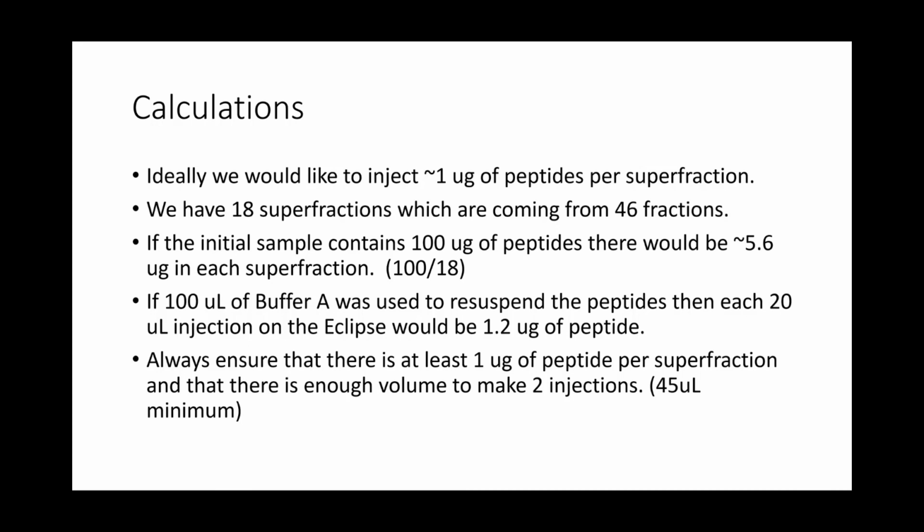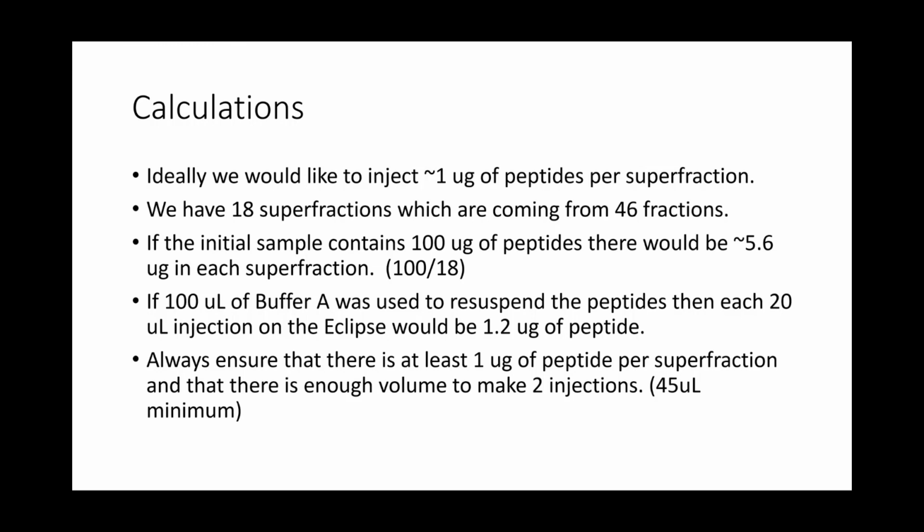So the calculations are, ideally we like to inject 1 microgram of peptide per superfraction. So if we have 18 superfractions coming from 46 regular fractions, and the initial sample contains 100 micrograms of peptide, then you would have about 5.6 micrograms in each superfraction, because if you take that 100 and divide it into 18 parts, that's about 5.6.